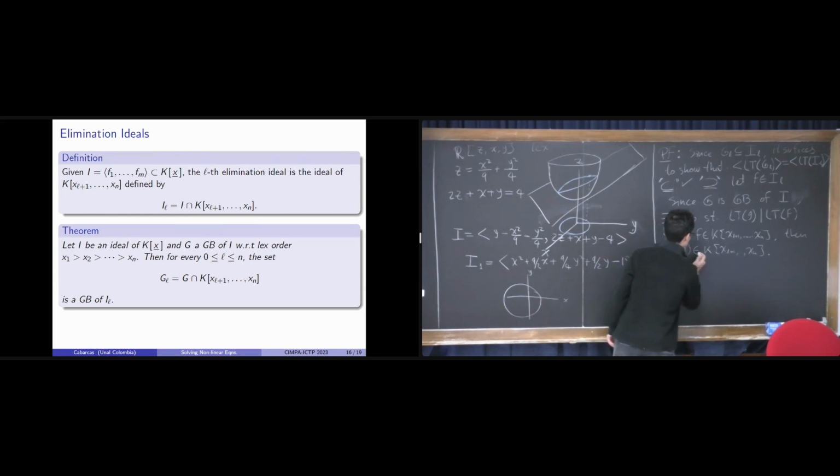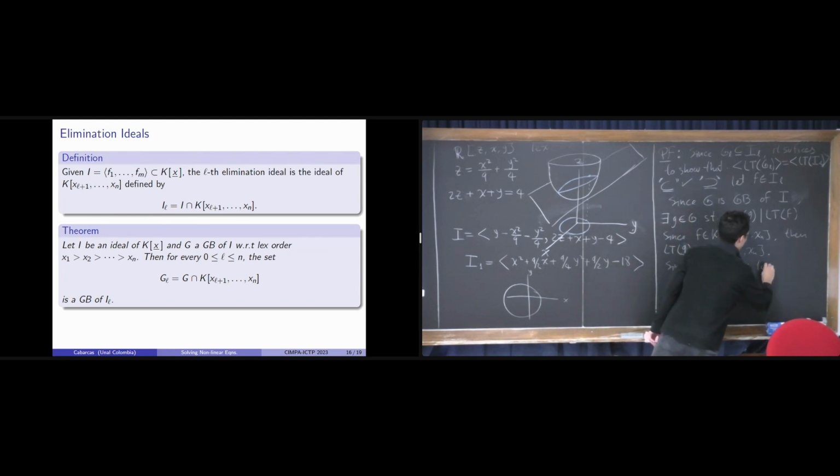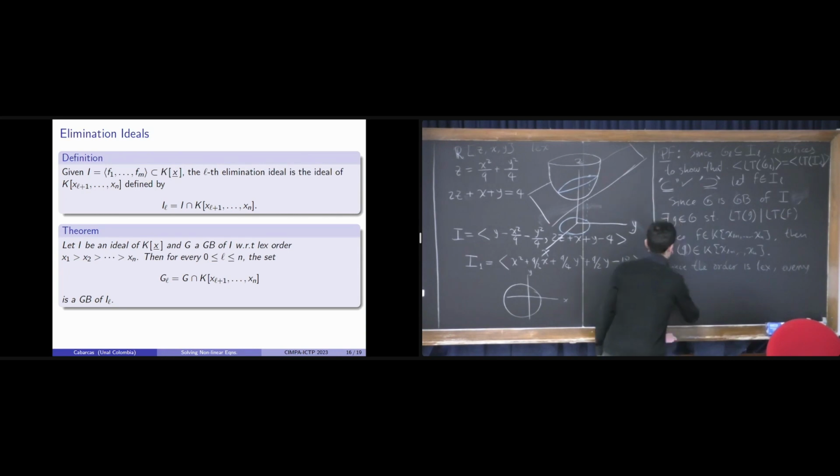Since the order is lex, every monomial in g is in those variables.